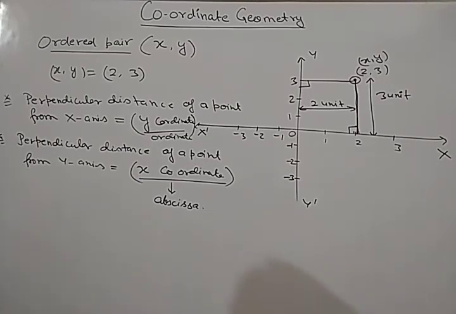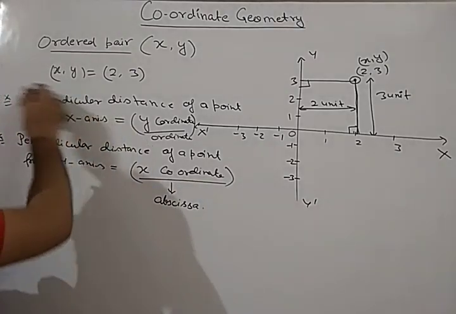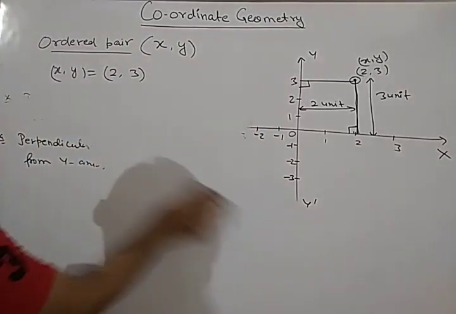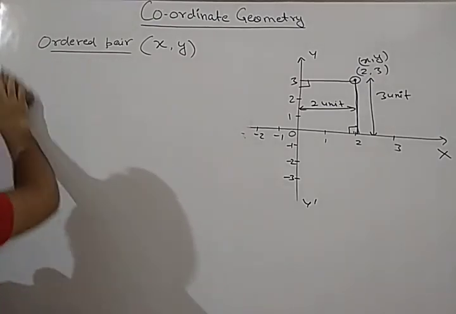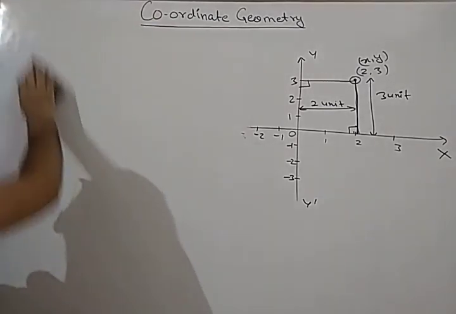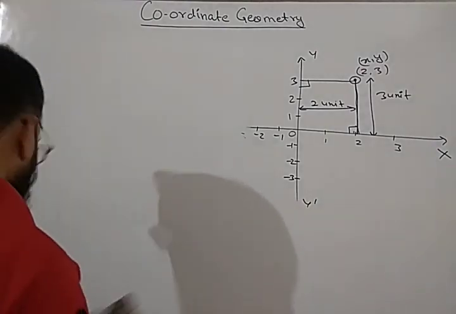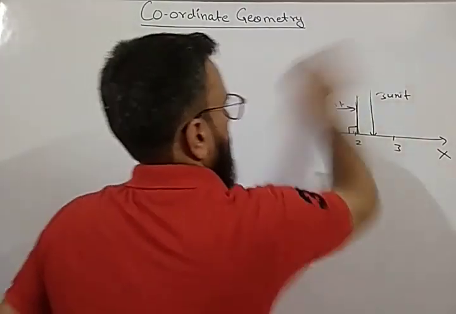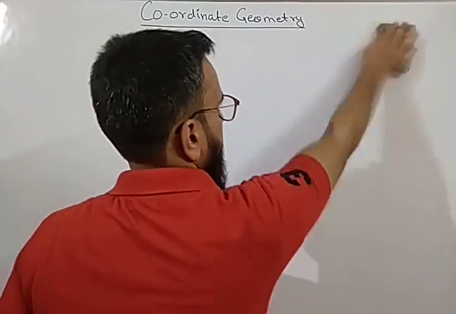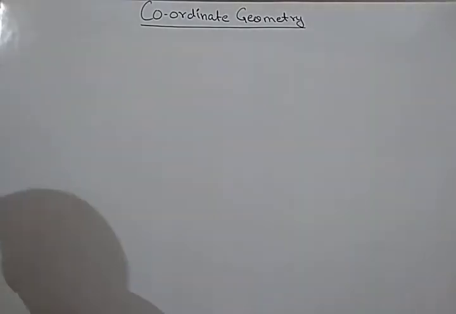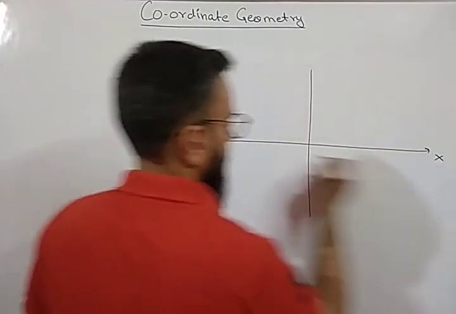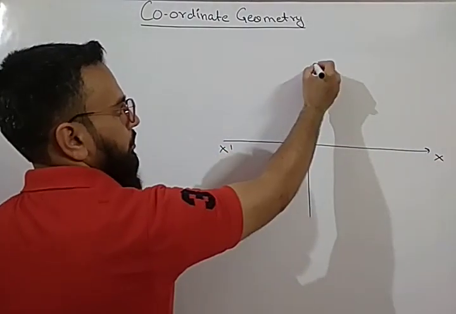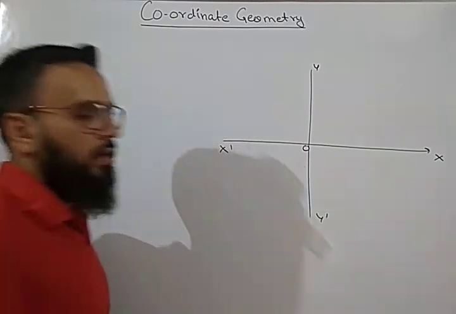Now the next important topic, again about ordered pairs. Again this is our Cartesian coordinate system, XOX', YOY'.